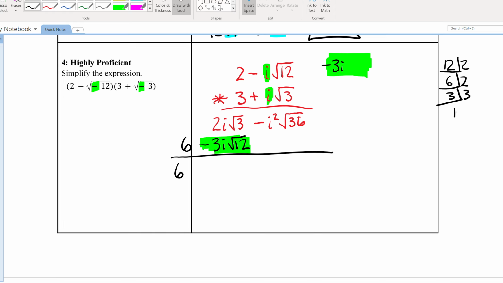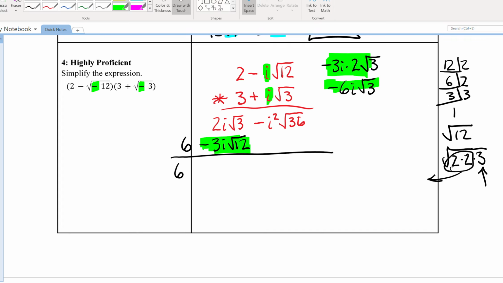So if I rewrite the square root of 12 as the square root of 2 times 2 times 3, these two 2's are going to come out. The 3 is going to stay. So it comes out as 2 square root of 3. And then I'll multiply that all together. That's minus 6i square root of 3.